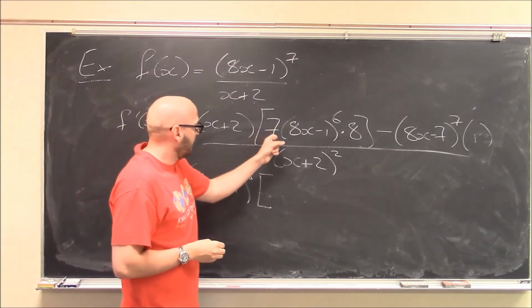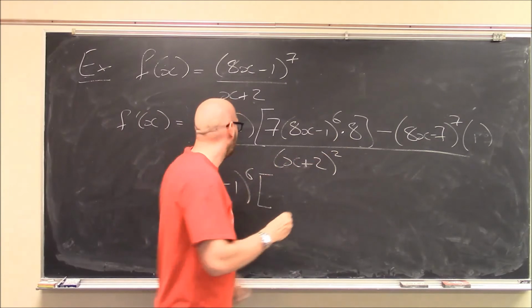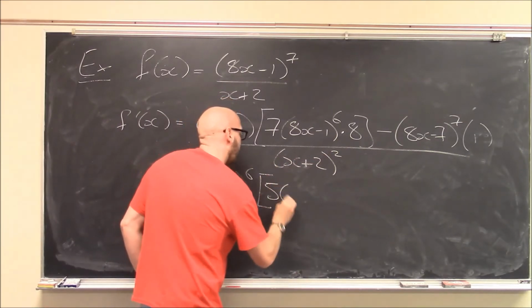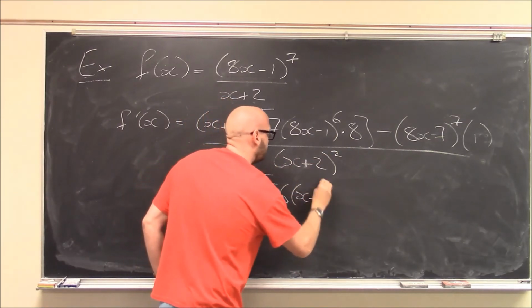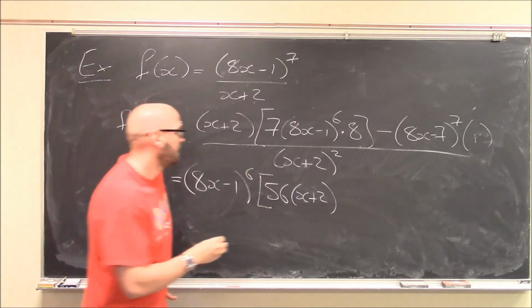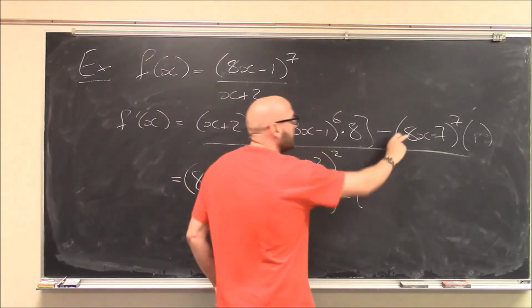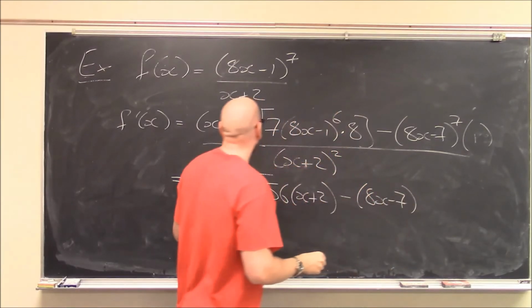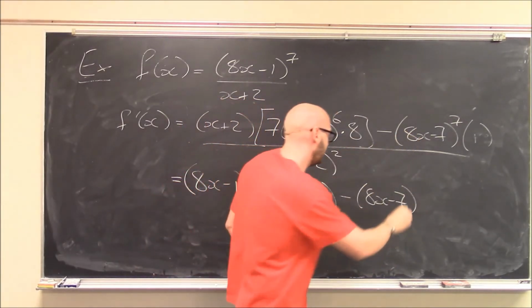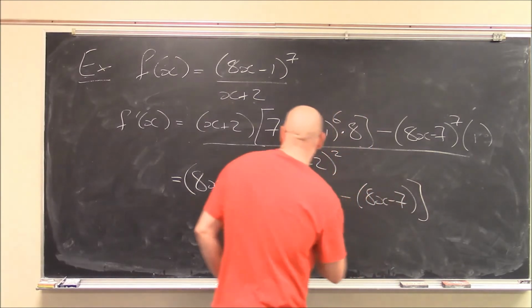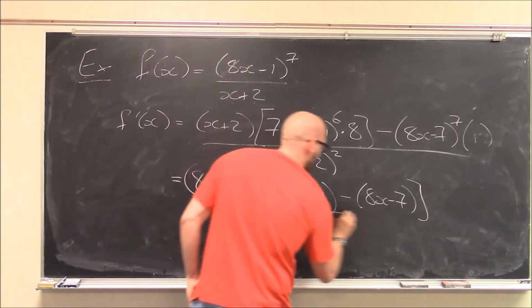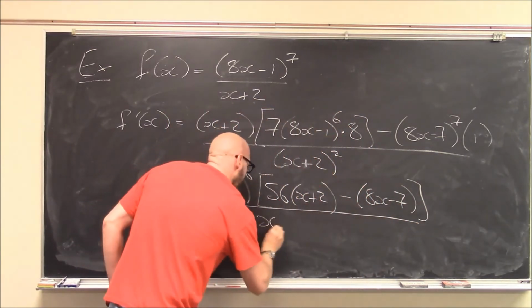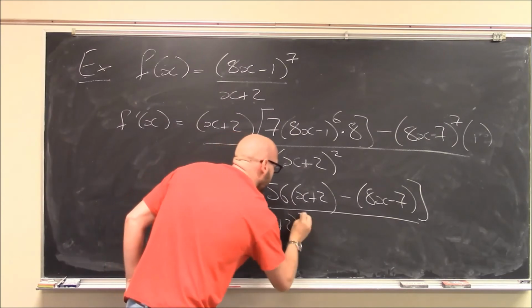We're left with 7 times 8 is 56 times (x + 2) minus (8x - 1). Right, we pulled out 6 of those powers, so we still have one of them left, so minus (8x - 1) all over (x + 2) squared.